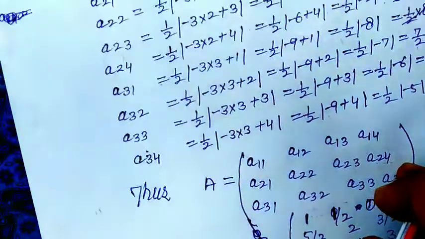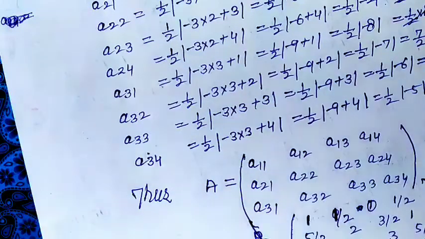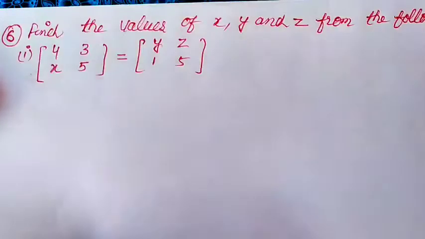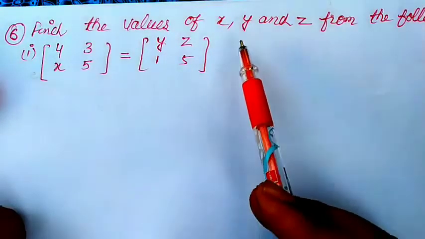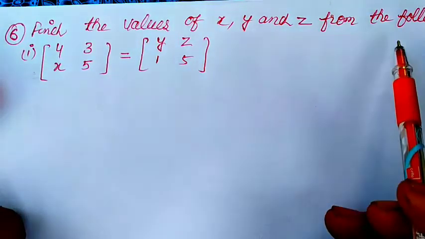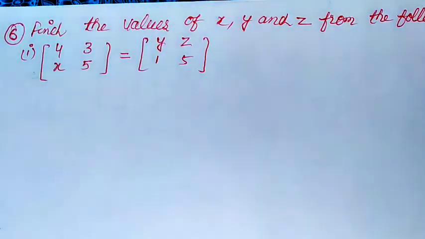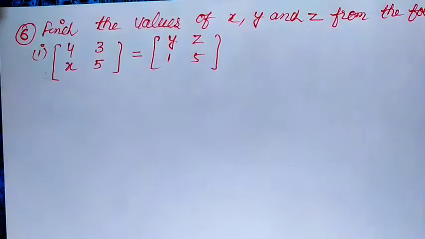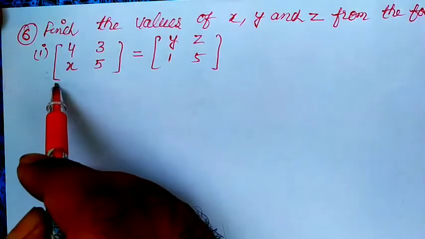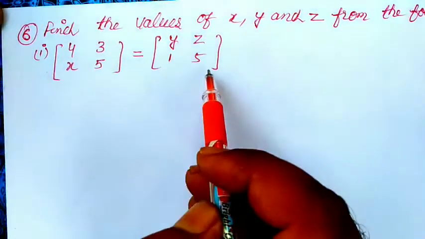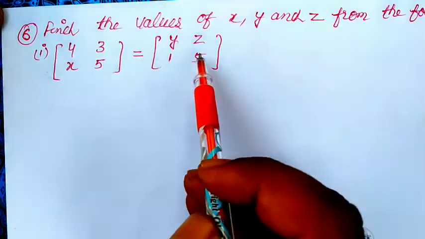Question number 6 here. In question number 6, find the values of x, y and z for the following. In question number 6 we have 3 parts. So let's see the first part. We have a 2 by 2 matrix and a 2 by 2 matrix. Both matrices are equal.